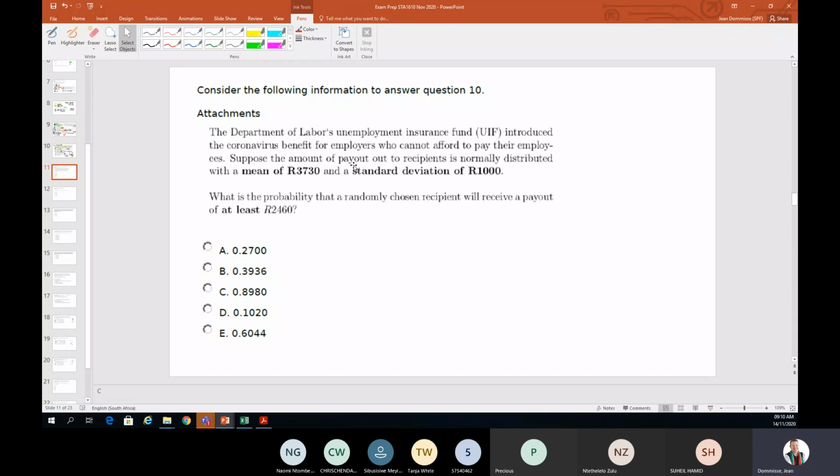Suppose that the amount of payout to the recipient is normally distributed, with a mean and a standard deviation. What is the probability that a randomly chosen recipient will receive a payout of at least 2460?